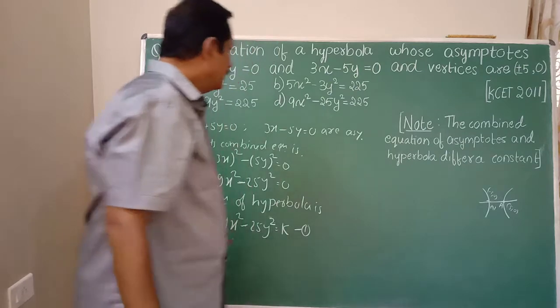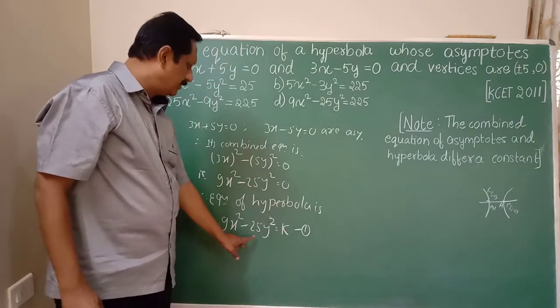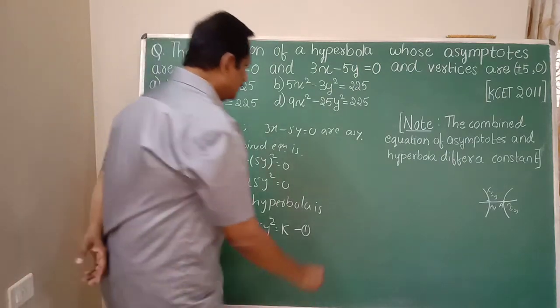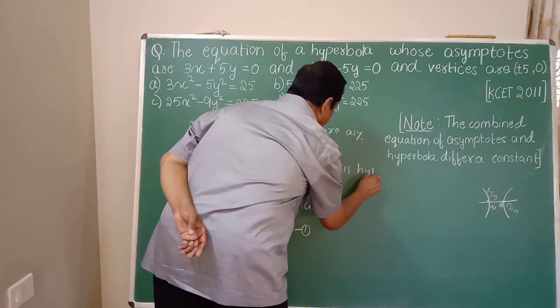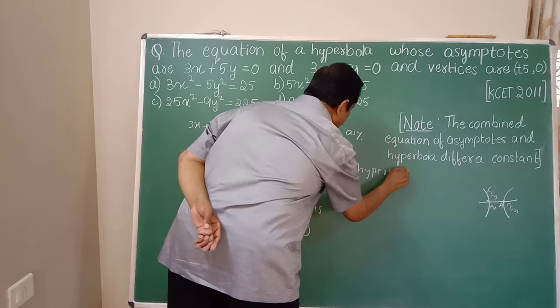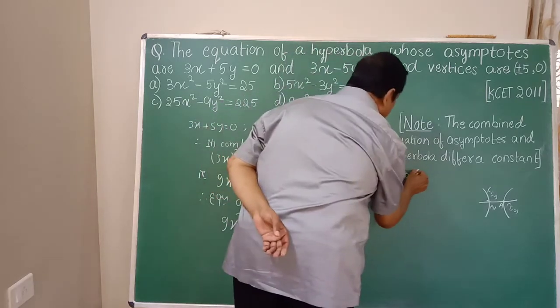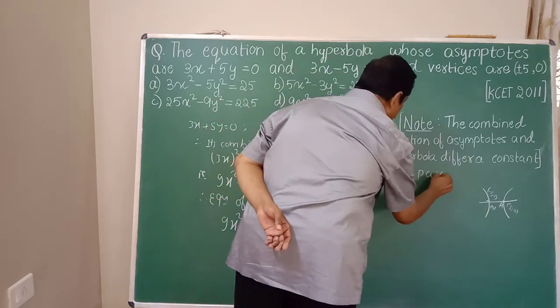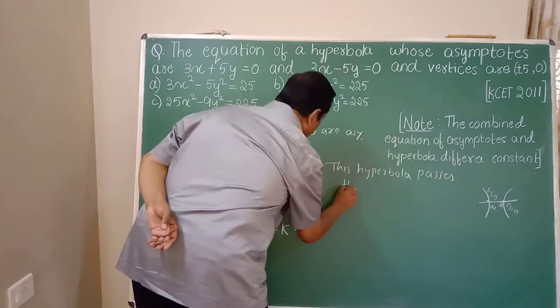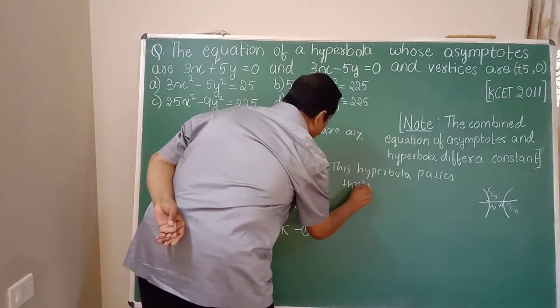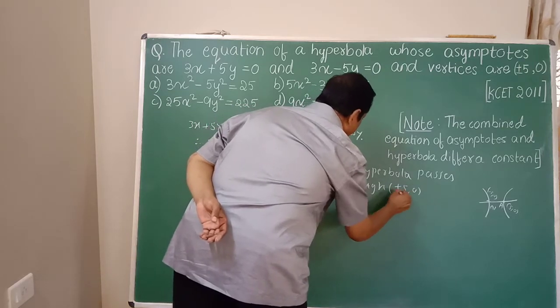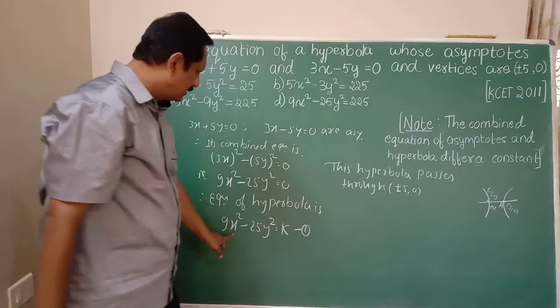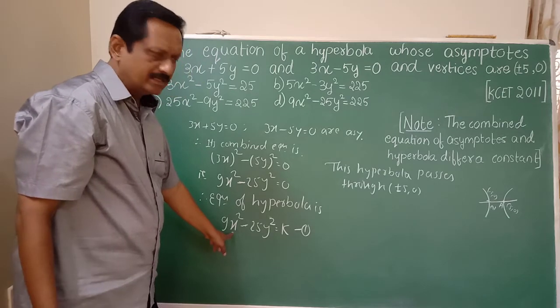Therefore, put x value 5 and y value 0. This hyperbola passes through (±5, 0), so substitute x = 5 or -5.